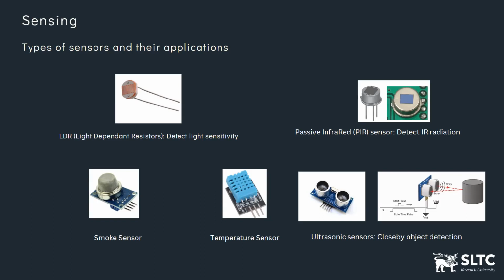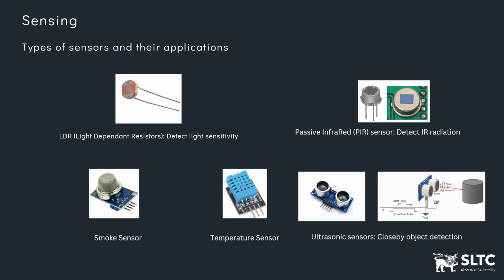And then we have the ultrasonic sensors. These ultrasonic sensors work with ultrasonic waves, right? These sensors send a signal operating at a frequency above our hearing range, so above 20 kilohertz, and that signal will hit objects and reflect back.